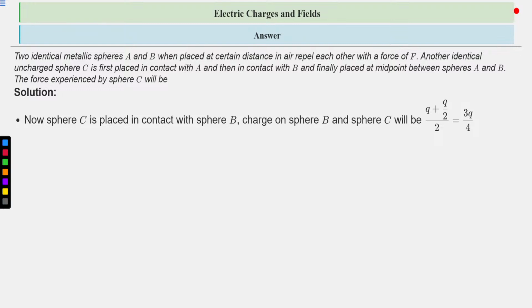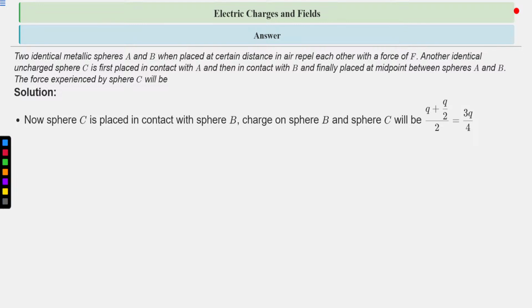Now, the charge will get transferred from B to C and try to equalize. In the equilibrium condition, when the potential becomes the same, since they are identical spheres, the charge becomes equal on both the spheres. So, the charge on B is Q and on C is Q by 2.